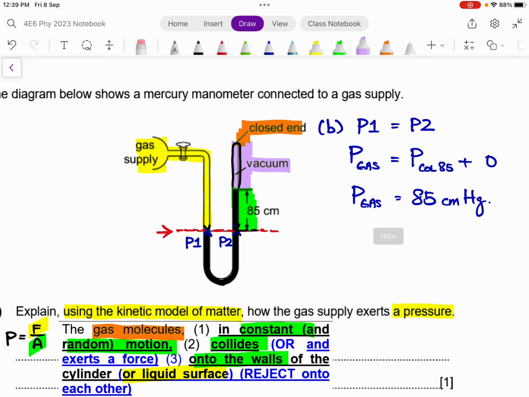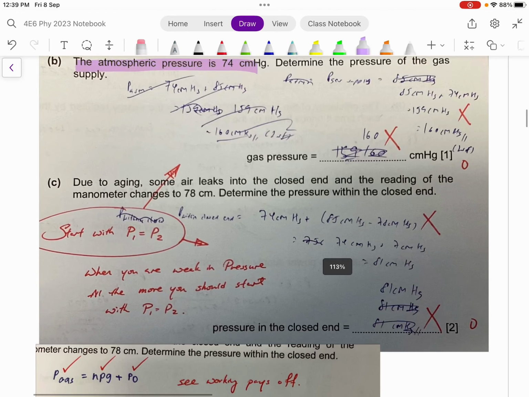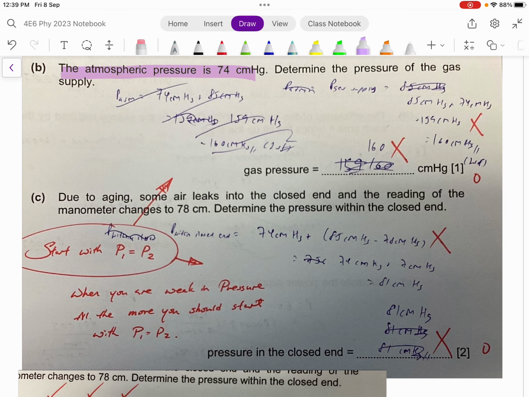How about part C? Well, part C, there are some changes. It says that due to aging, air leaked into the closed end, and now the manometer reading changes to 78. First, I want to check whether you understand what is meant by the reading of the manometer. Where do you read the manometer?